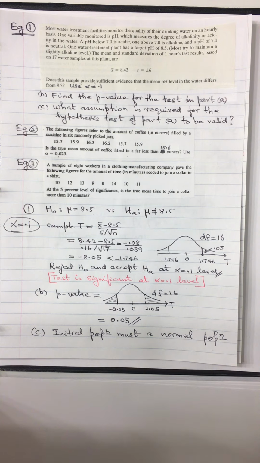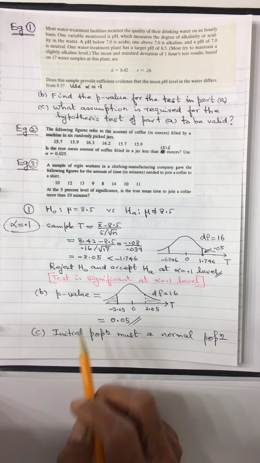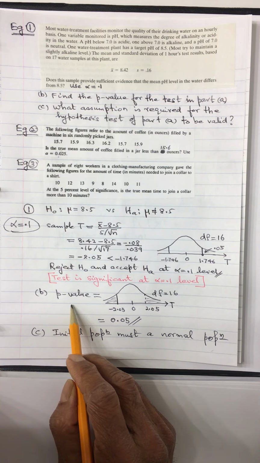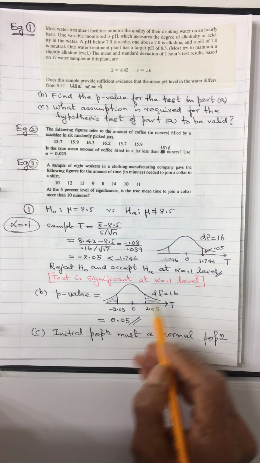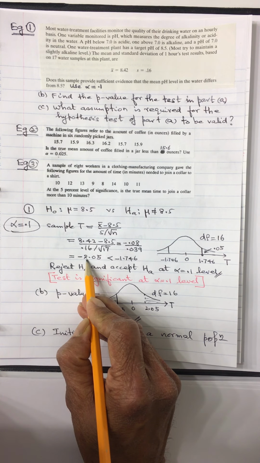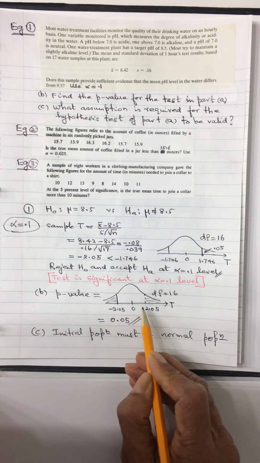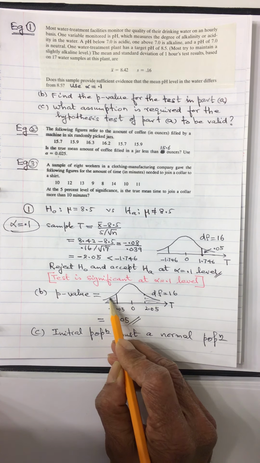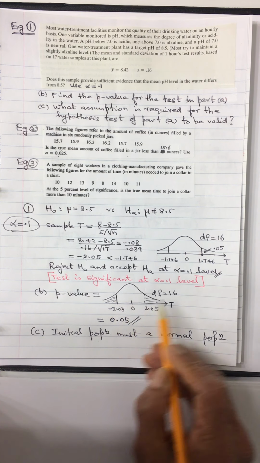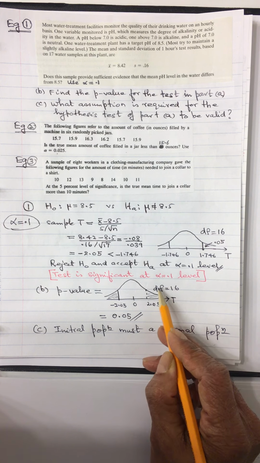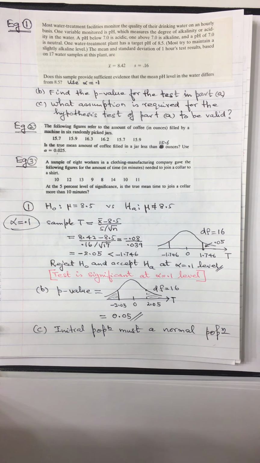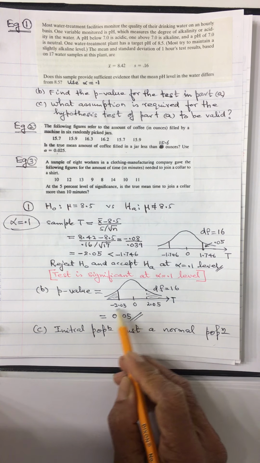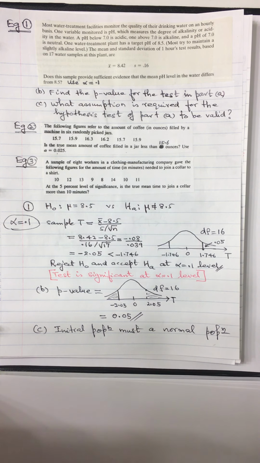The p-value is figured out in exactly the same way: you set your cutoff right there and then figure out this area. But now the degrees of freedom has to be 16, so you read only that row from the t-table and you will get that area. This area plus this area is going to be 0.05.